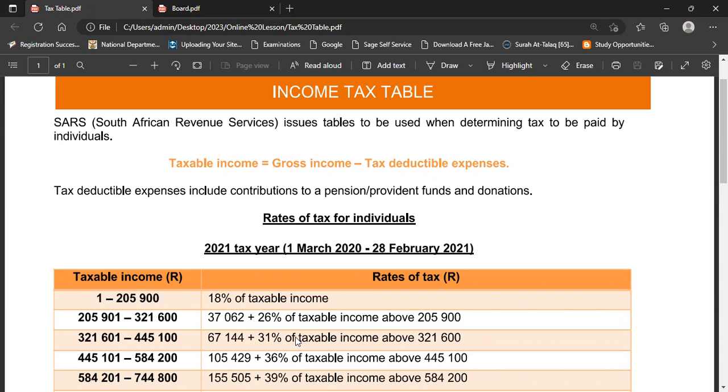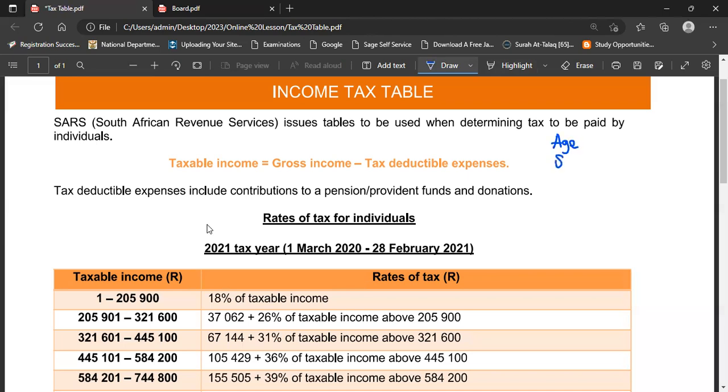Anyway, as we calculate taxable income, as we calculate income tax, first and foremost, we need to take note of some items. Item number one, we need to know the person's age. Age will be vital.